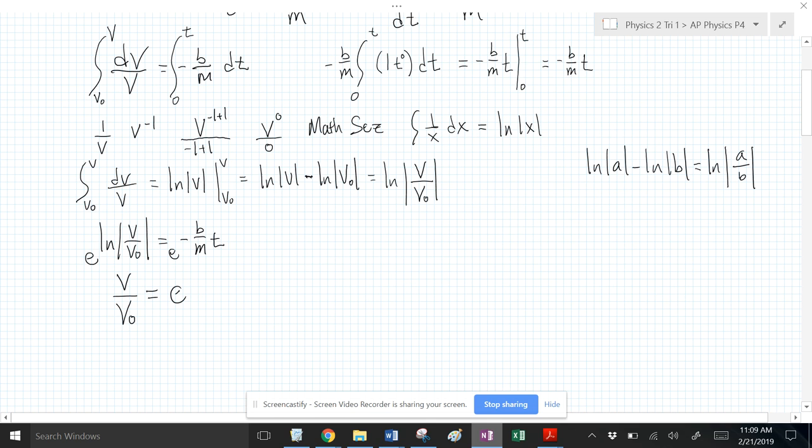And on the other side, we have e to the negative b over m t. So now I've got my expression for the velocity as a function of time: velocity equals v naught times e to the negative b over m t.